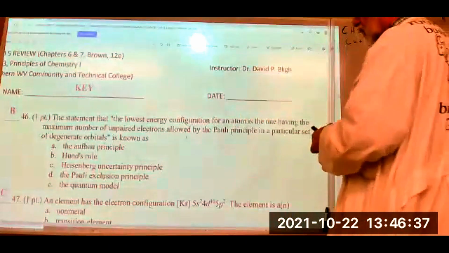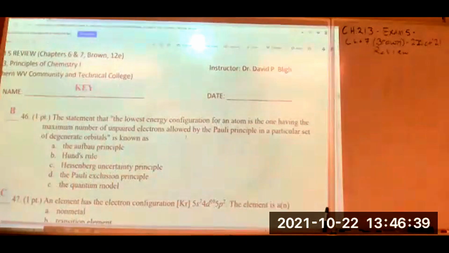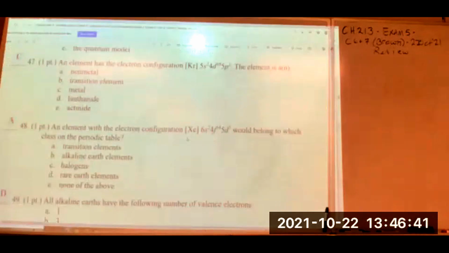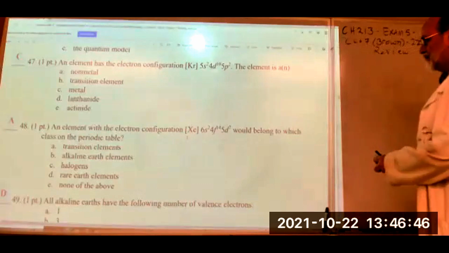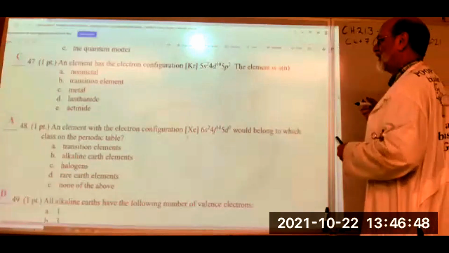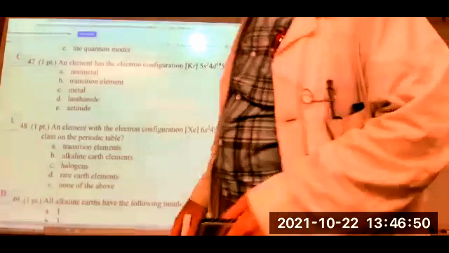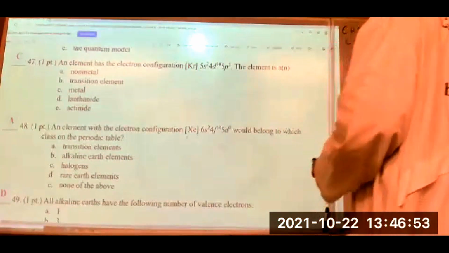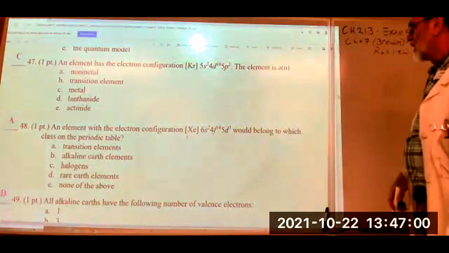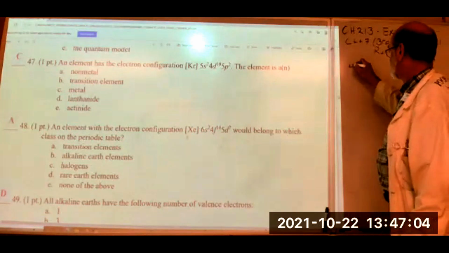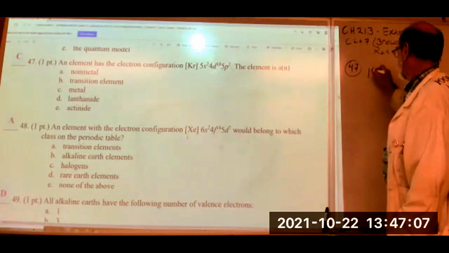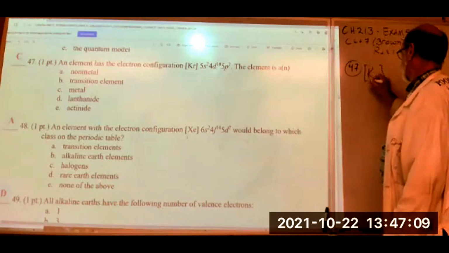47. Oops. Now let's see if we understand how the periodic table is structured in general terms. What did I say, 47? Oh, I'm jumping. Yeah, okay, there we go. So the electronic configuration of this element is krypton as our core.